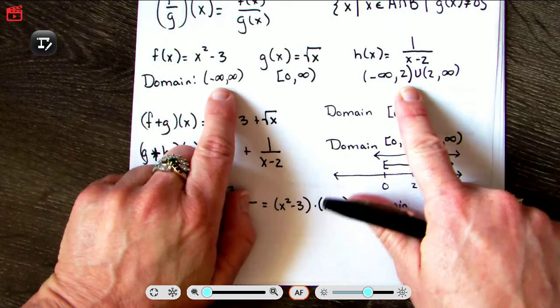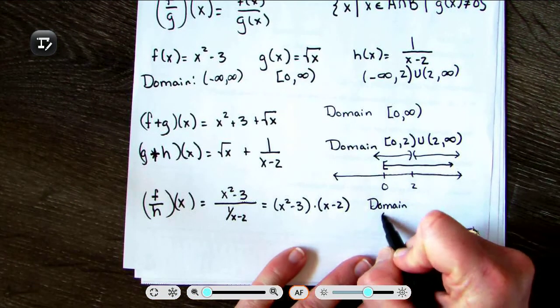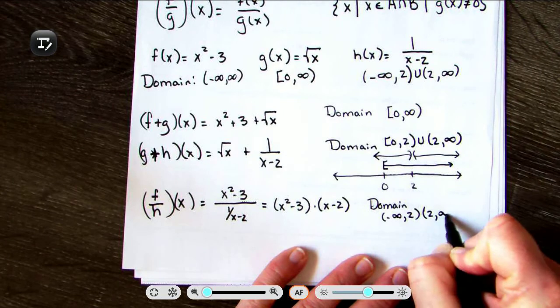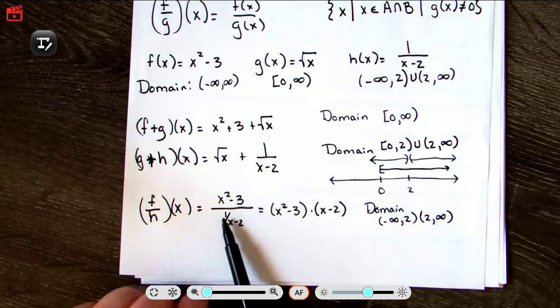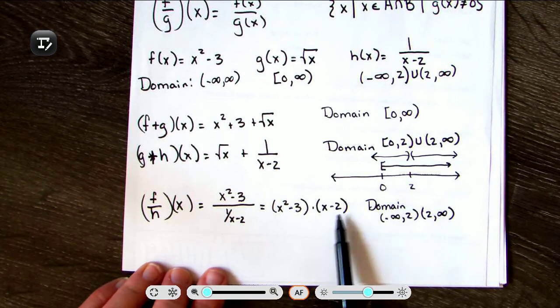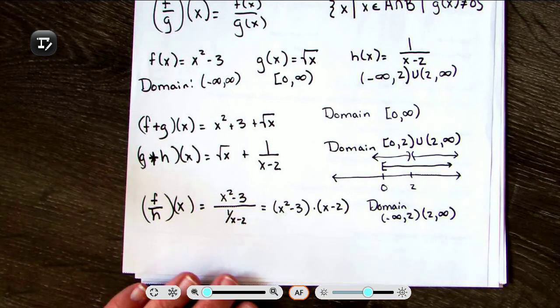So we want that intersection. What do these two things have in common? And it is this. We still have to throw out that 2 because we still have to make sure that this bottom can be dealt with, not after we've simplified it a little bit, but how it looked to be.